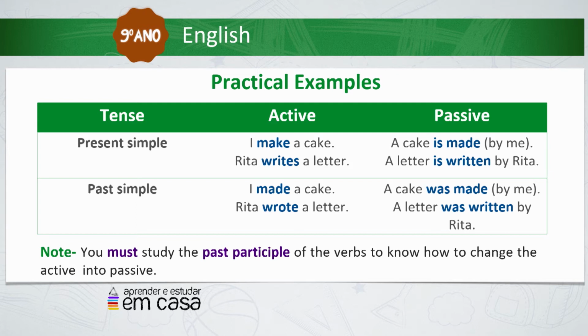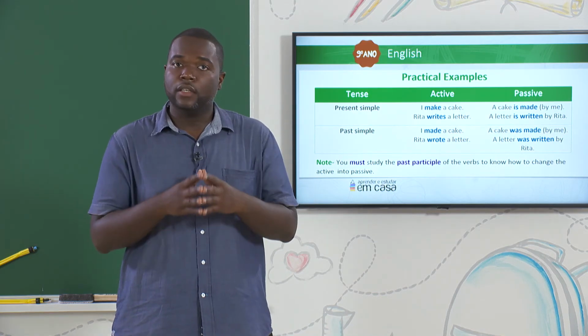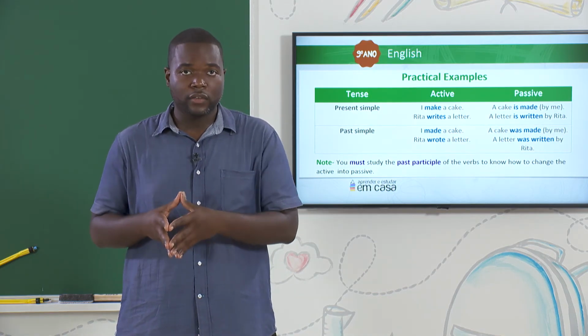Now, this is the active. Now, when we go to the passive, the sentence changes. Of course, we have to make the switch. Now, the sentence is, a cake was made by me. Now, students, what happened here? The same thing, same process.